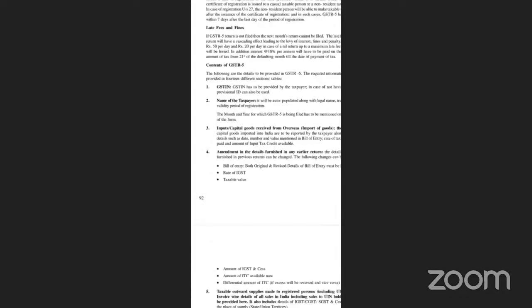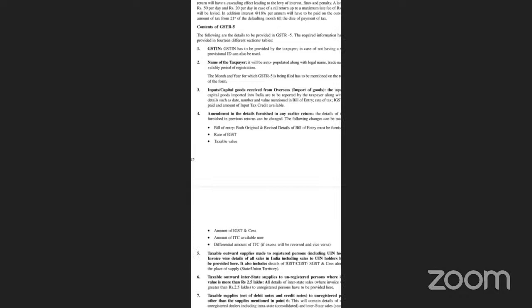The bill of entry, both original and revised details of the bill of entry, are supposed to be attached. Rate of IGST, taxable value, amount of GST, amount of ITC, that is input tax credit available, differential amount of input tax credit, if excess which is reversed or vice versa, whatever may be needed to be stated.